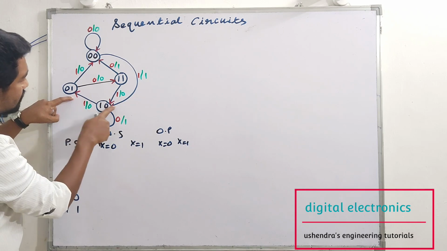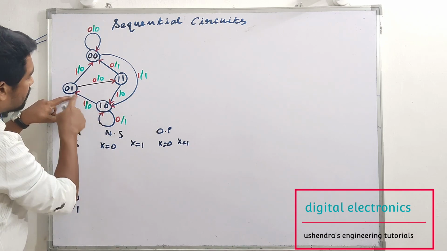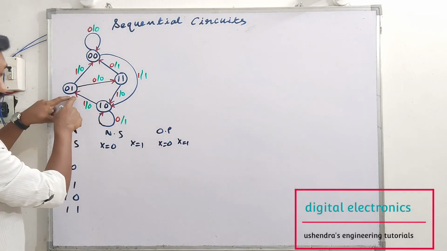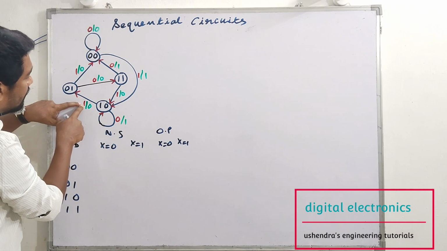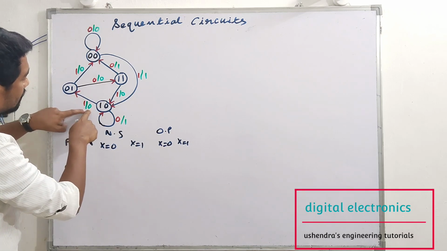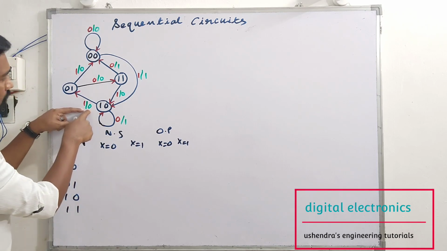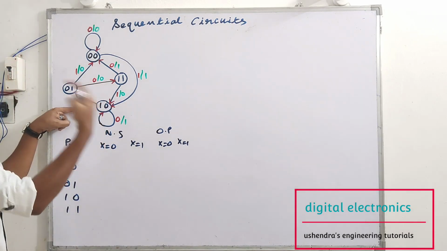The one in red color indicates the input for which this transition occurs, and the value after the slash over here are the corresponding outputs.